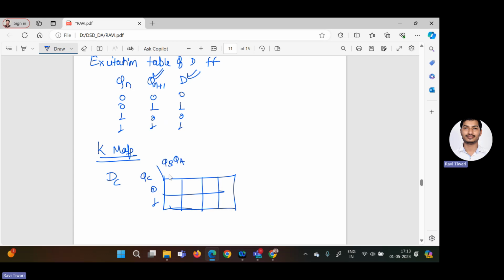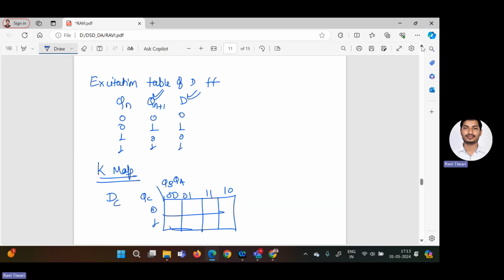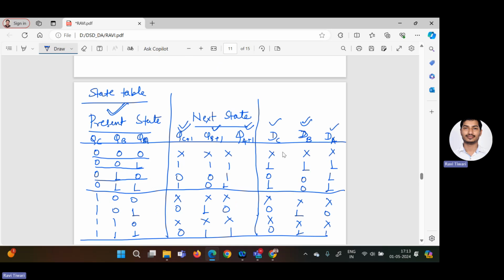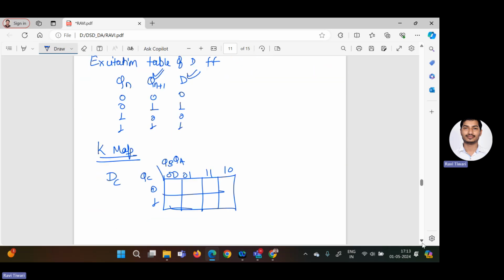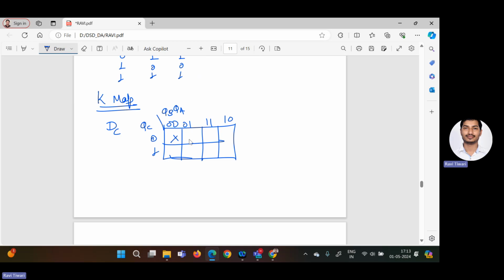This is 0, this is 1, and 00, 01, 11, 10, because here we will use the gray code for the K map, right? So wherever your function values are either don't care or 1, you fill the value here. So don't care, 1, 0, 1, right? Then don't care, 1, don't care, 1, 0, 1, right?